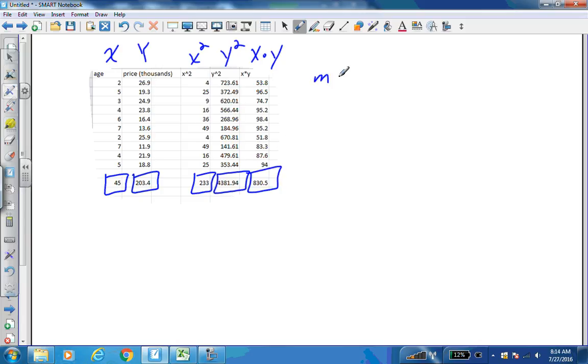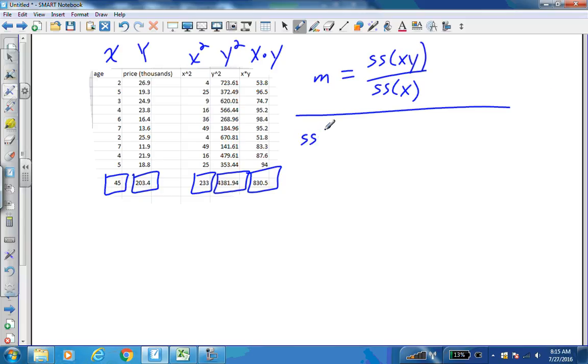Remember that to get the slope, we need the sum of the squares of xy over the sum of the squares of x. The sum of the squares of xy is the sum of the x times y column.